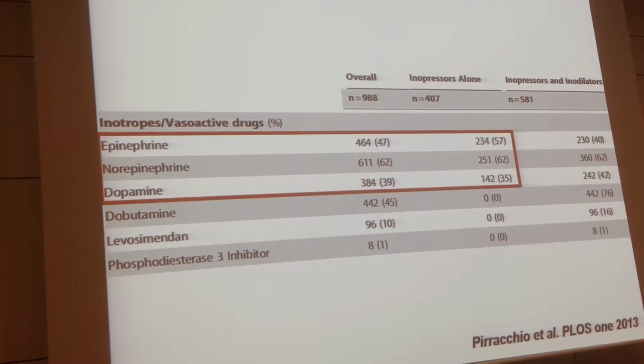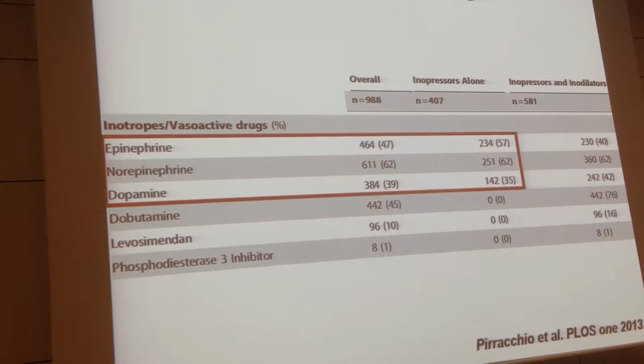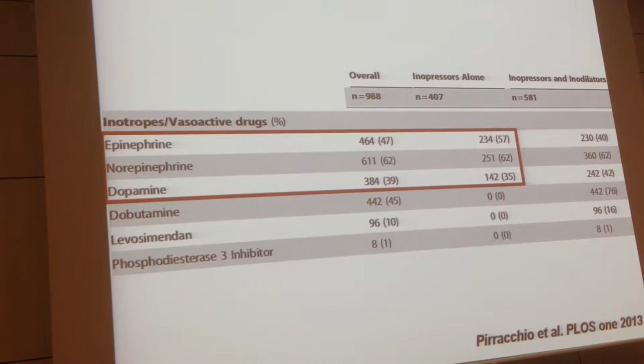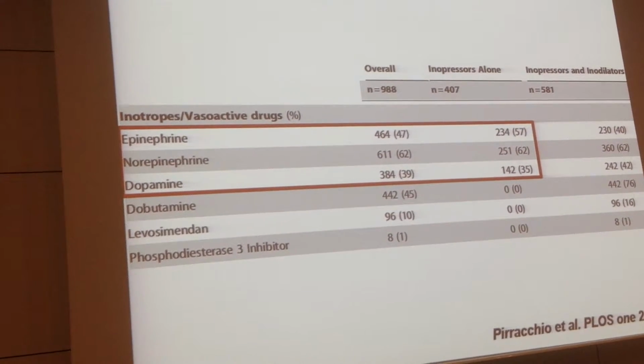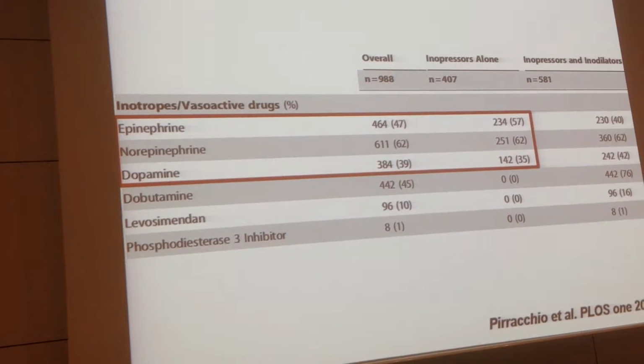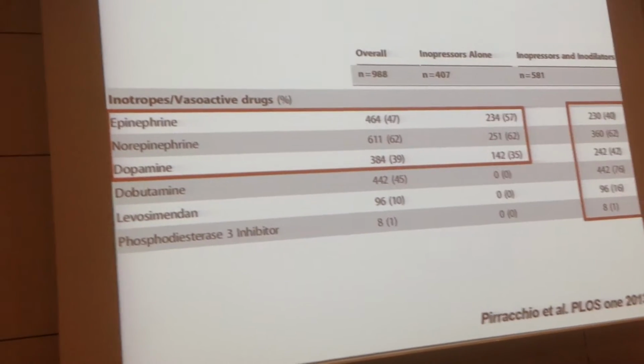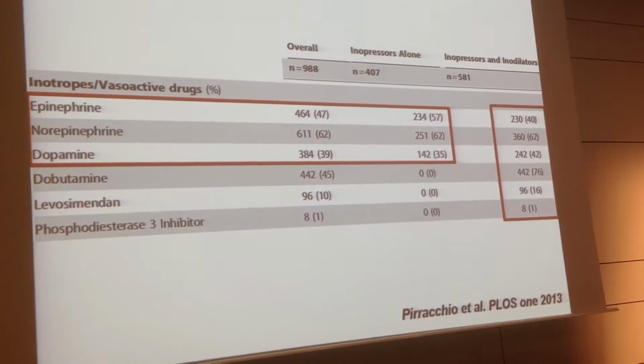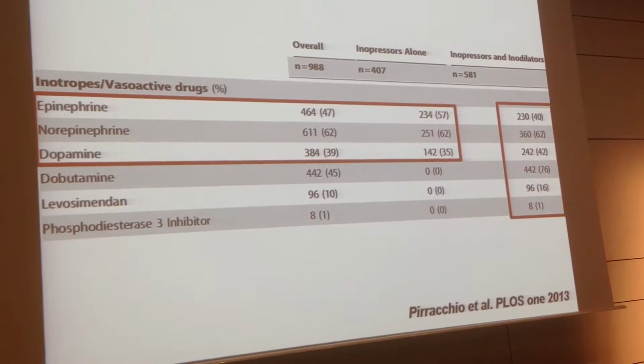Almost 40% of the patients with cardiogenic shock received only those drugs and no inotropes. Then 400 patients over 1,000 received only vasopressors, and the rest of the patients received a combination of vasopressors and inotropes.